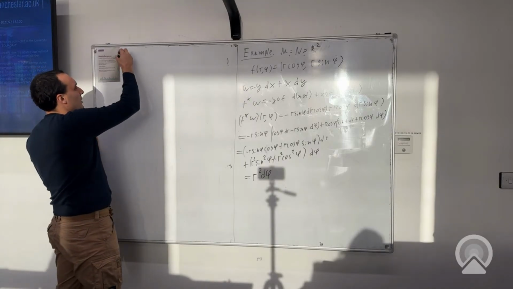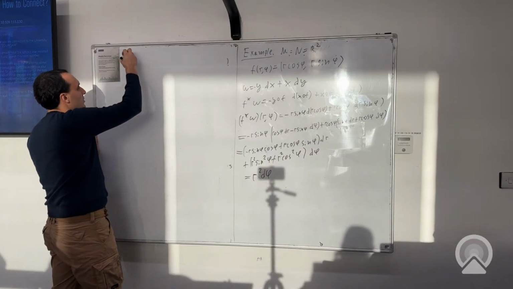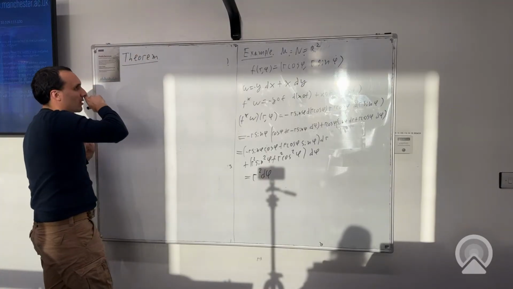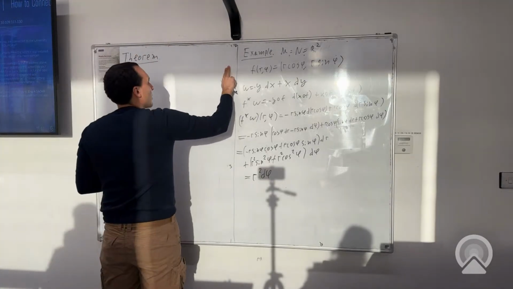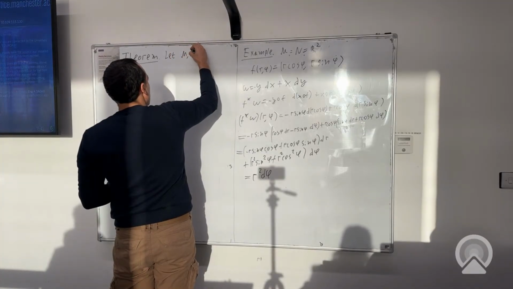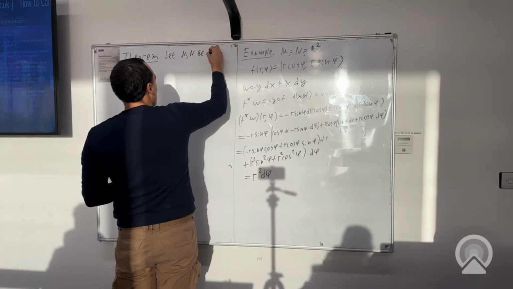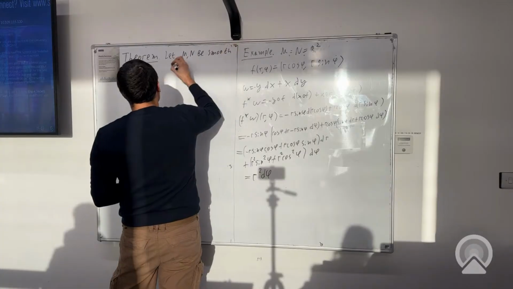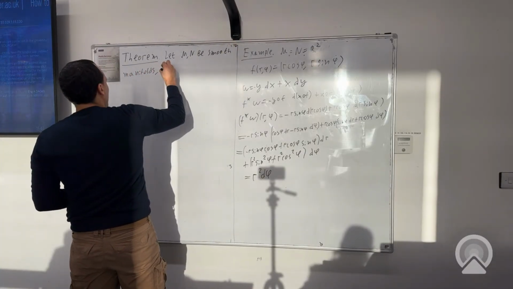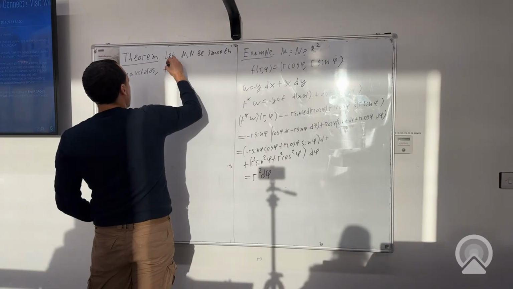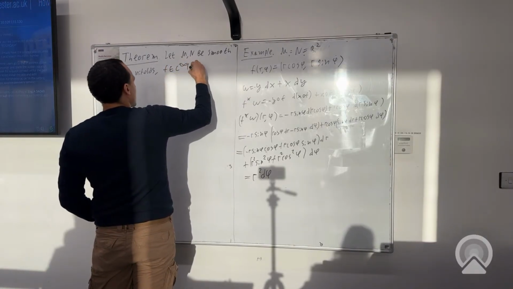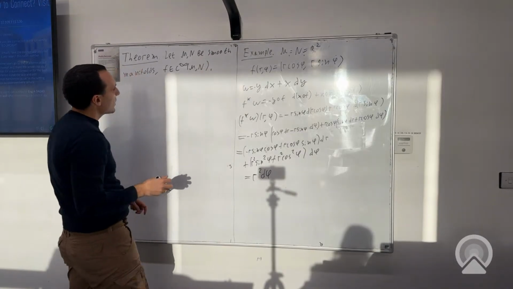Let me write this as a theorem, I don't know, proposition, doesn't matter. Let M and N be smooth manifolds. F is a smooth function, and I said we can expand it.